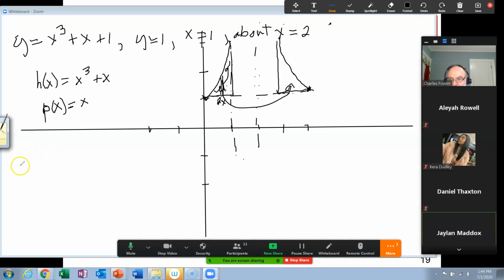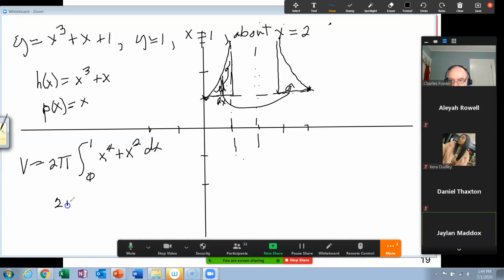So using the shell method, the volume would be 2 pi times the integral from, and where is the x going? From 0 to 1. Okay? And then x times h, or p of x times h of x, would be x to the 4th plus x squared. Seems like we've done that one before, dx. Okay?